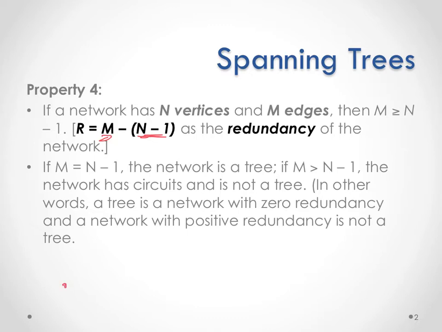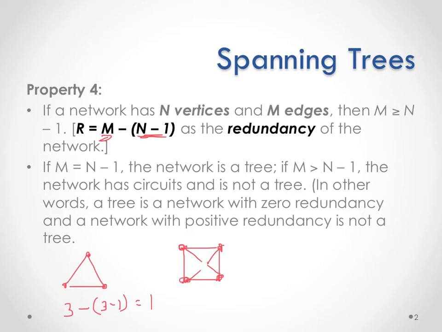So if I'm looking at an example, let's do a triangle. There are 1, 2, 3 edges, and there should only be 3 minus 1. So the redundancy is 1. Okay, let's do the other example I was working with here, the complete graph of 4.